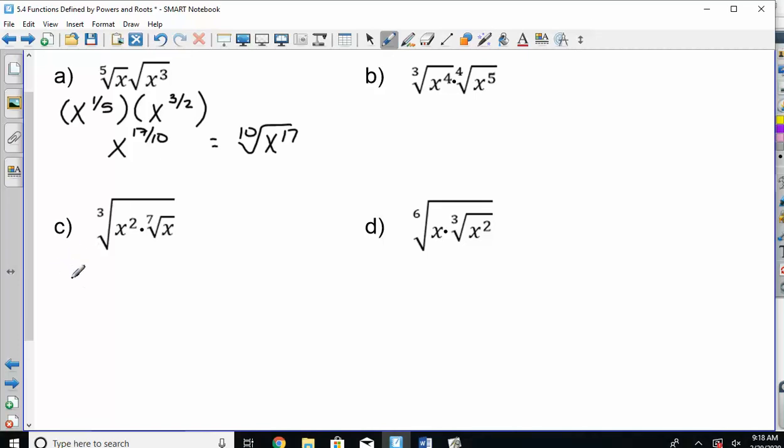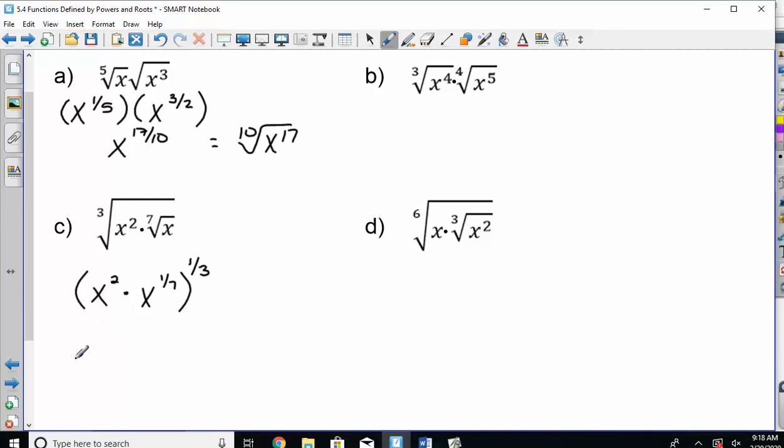So the whole thing is to the cube root, which is like what power? 1/3. And then inside we have x squared times the 7th root of x, that would be x to the 1/7.